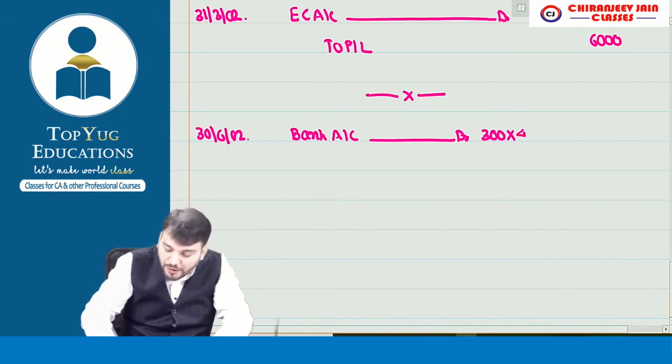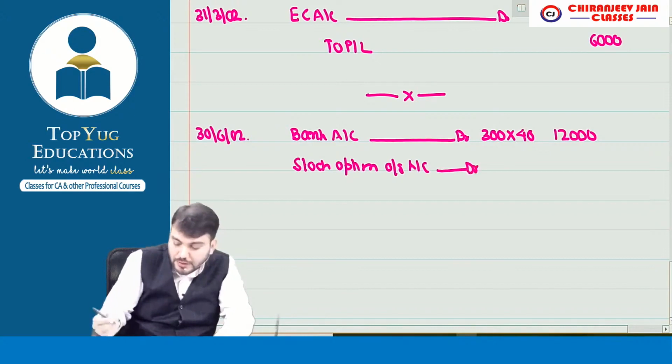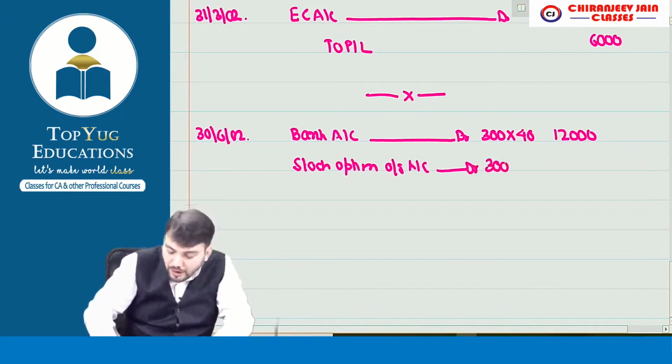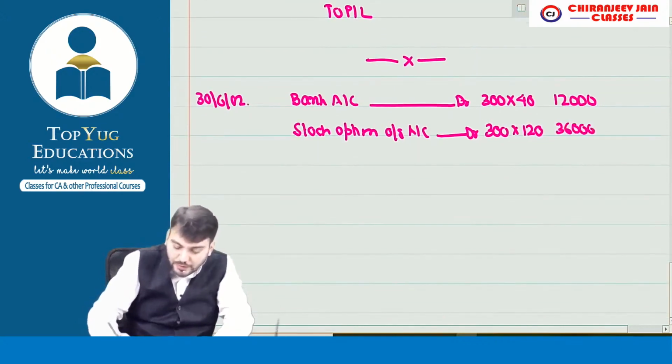Exercise price is 40. Correct? So this amount will be received, and then we'll do stock option outstanding account. Correct. For 300 employees, it will be 120 each, that is 36,000.